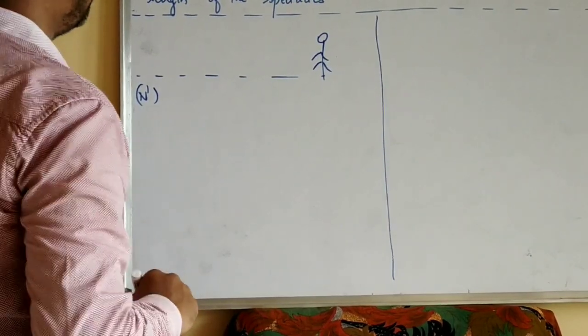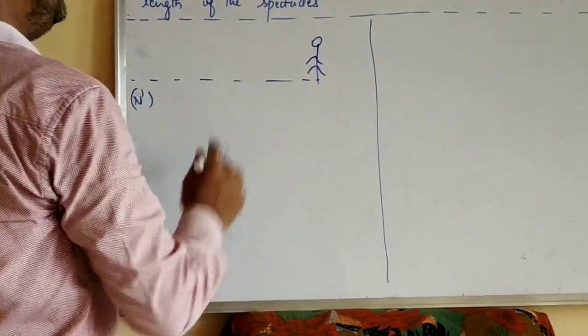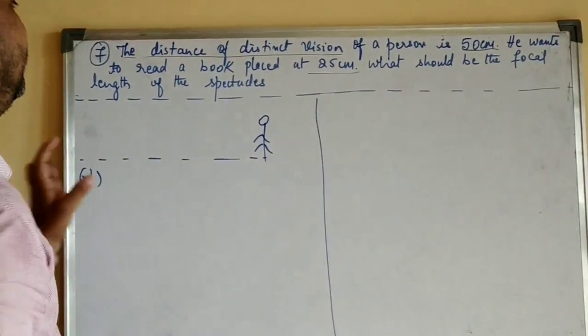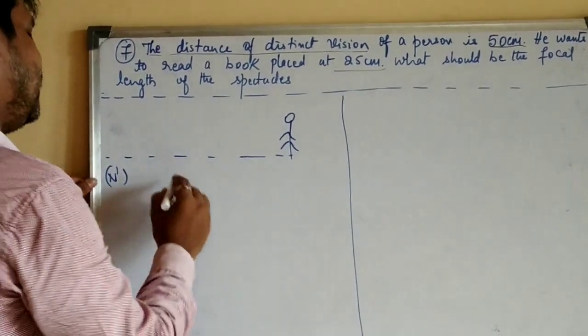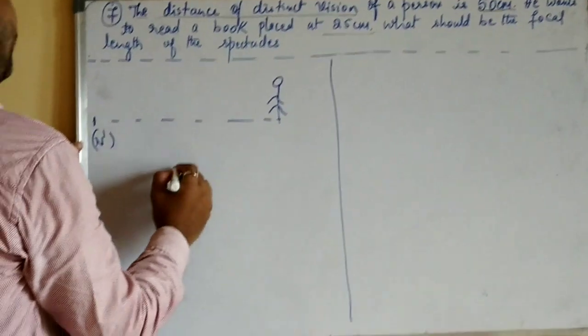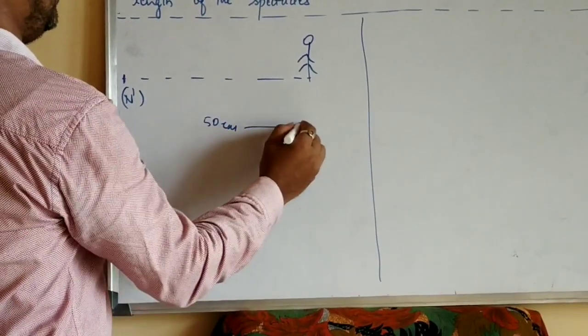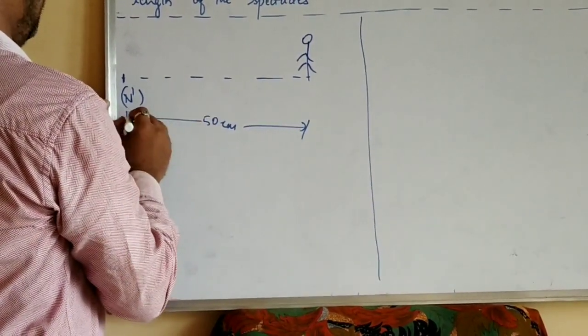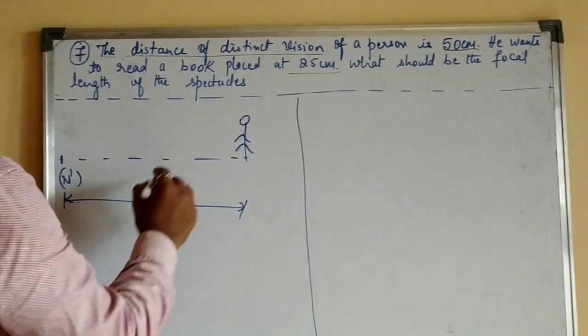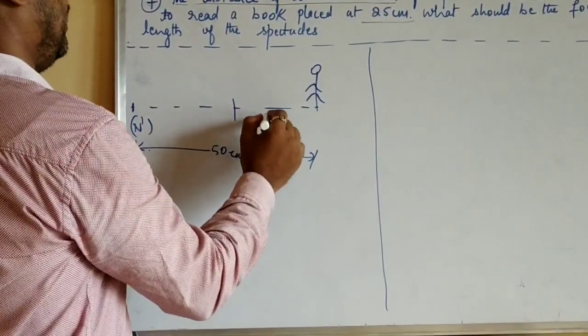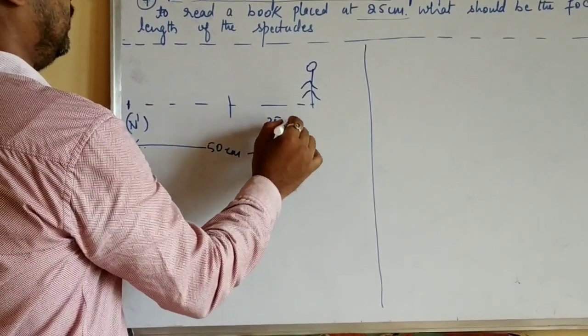N dash they have mentioned. Here only you should get the idea that it is related to hypermetropia. Now that N dash is given, that is 50 centimeters. Now he wants to read a book placed at 25 centimeters.